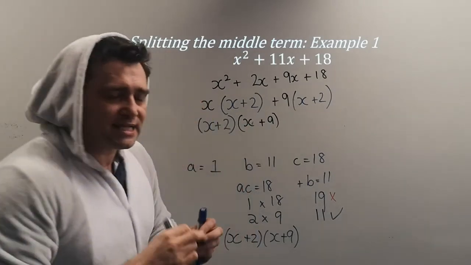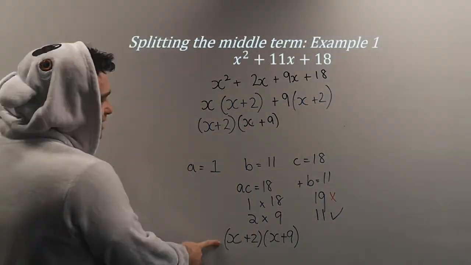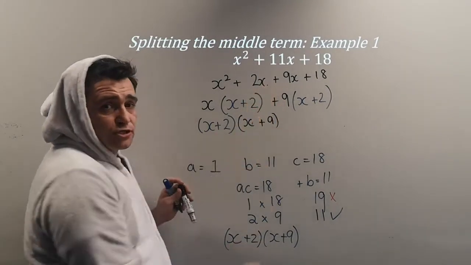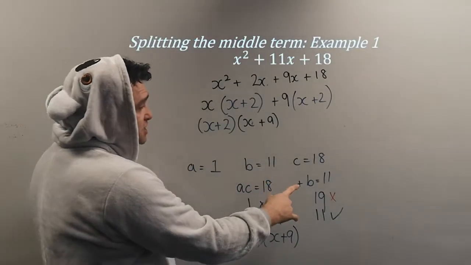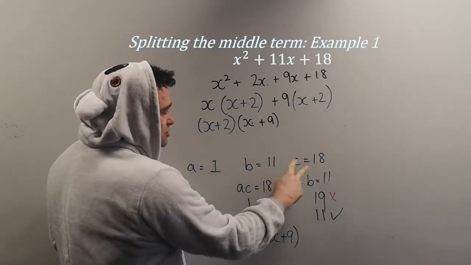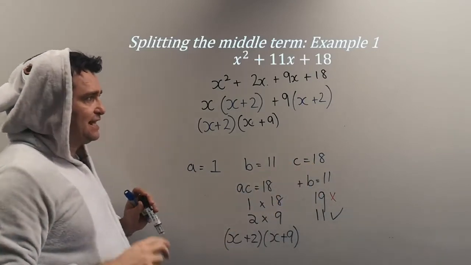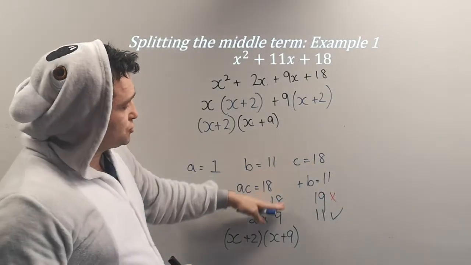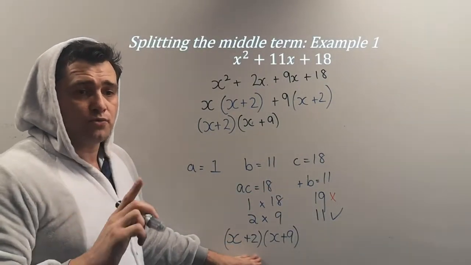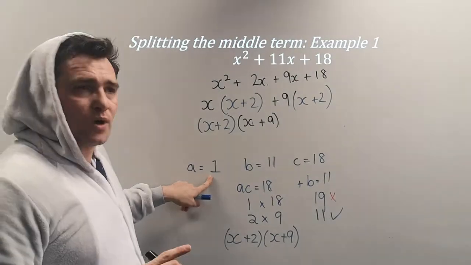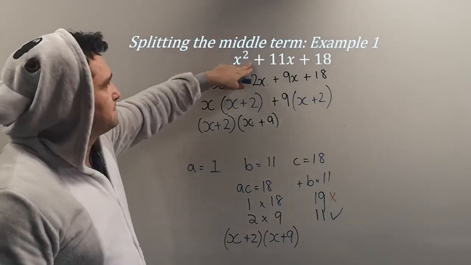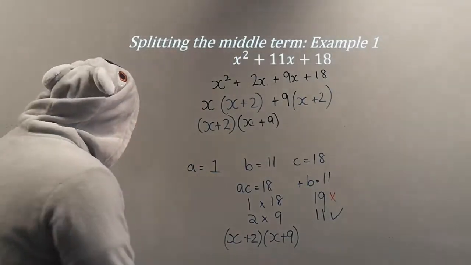So I got to the same place, (x plus 2)(x plus 9), by splitting the middle term, just by recognising I needed two numbers that multiplied to 18 and added to 11. Now, this method of going straight from recognising the numbers to the factorised form only works when the a value is 1. That's why this is called a monic quadratic equation, because the x squared coefficient is 1.